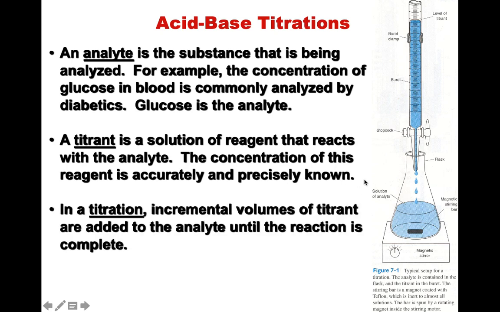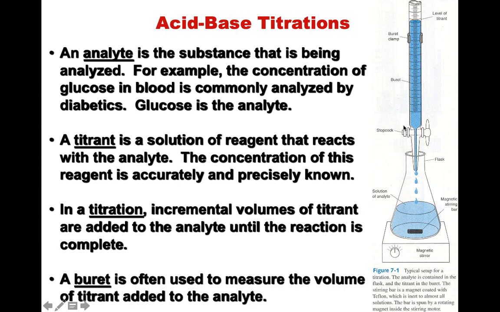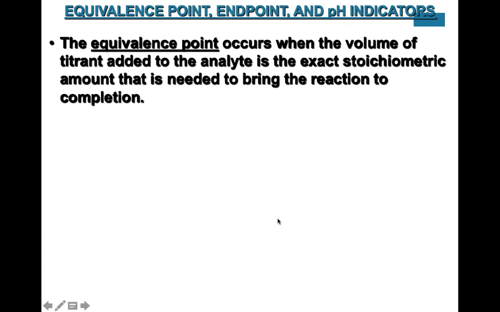What happens in titration is that we'll use a pH indicator to help us identify when neutralization happens, and then we can use stoichiometry to figure out the concentration of the analyte, the thing we want to analyze. There's some key terminology that we need to know.